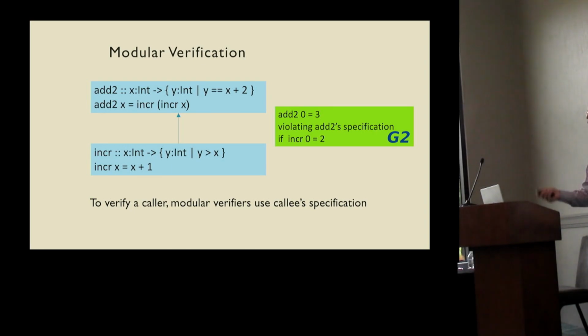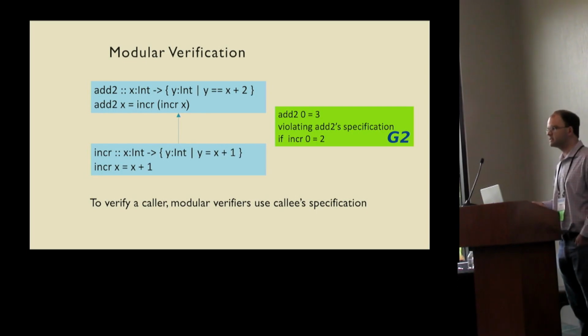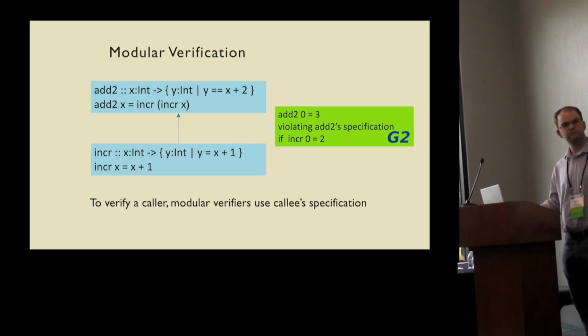And so the way we have to fix this is by strengthening the specification of the function after the word if, by strengthening the specification of incr in this case, to rule out this possibility. We have to make the specification strong enough to tell the verifier that incr of 0 does not equal 2. So in this case, we can do that by saying that the specification of incr is that it returns exactly 1 more than its input, and then we'll be able to verify this code.